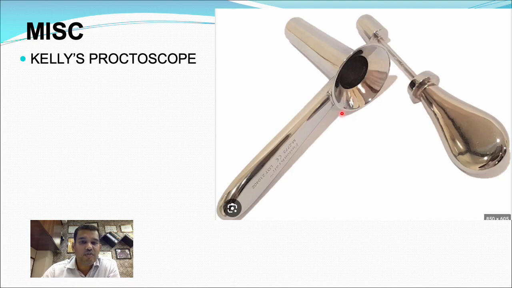So what is the indication of using this? To diagnose hemorrhoid, to diagnose fissure, or to see any rectal polyp is there or not, to do an examination of the patient. How do you sterilize this? As this area which you examine with the Kelly's proctoscope is a dirty or already infected area, on an OPD basis, you can dip it in the Savlon solution or a glutaraldehyde solution if possible.